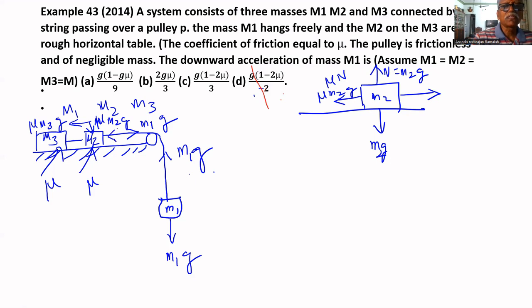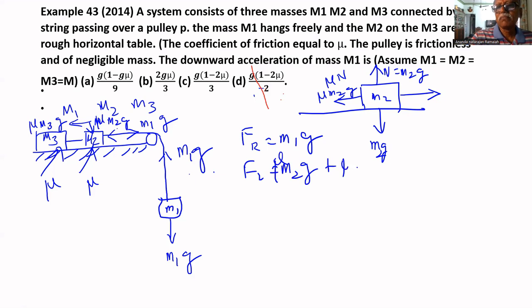These are all acting on the string. Therefore, the force that is acting towards the right is F right equal to M1g. F left equal to M2g multiplied by mu plus mu M3g. These are all must be equal because what is the downward acceleration is asked.